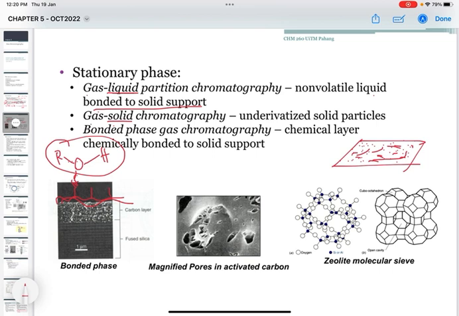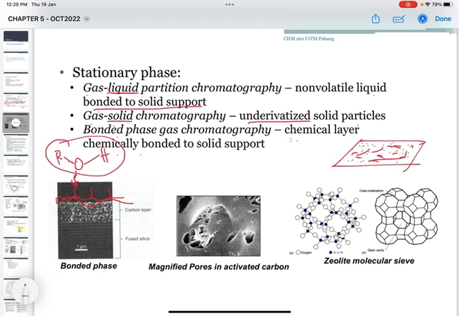So normally the solid stationary phase is an underivatized solid particle, or the bonded phase in gas chromatography. It is a chemical layer which is chemically bonded to solid support.